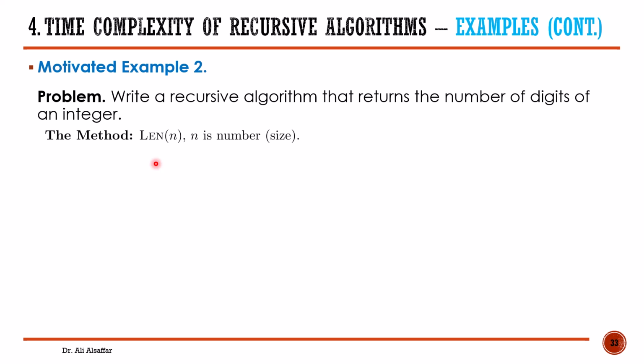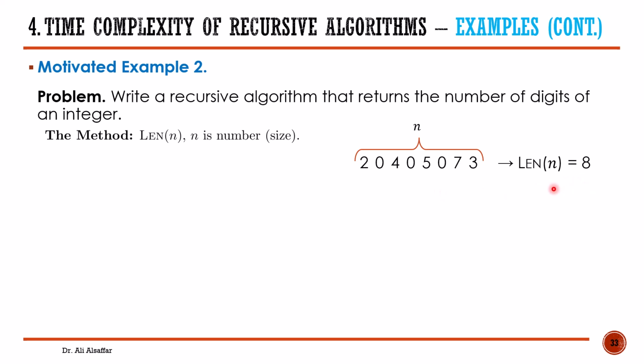So the question is, how to apply this function on part of the number to get the solution for the whole number? Let us take an example to show you how to do that. Suppose n is equal to the number 20405073 with 8 digits. Then the function returns 8.